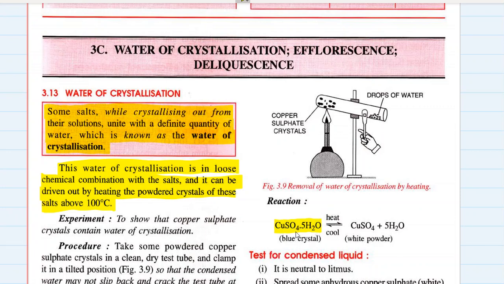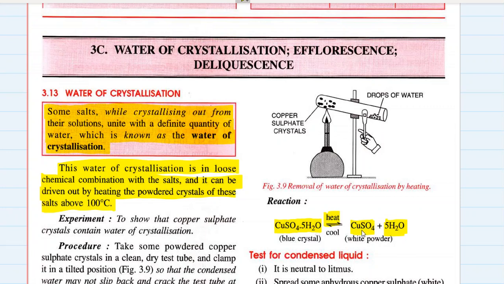If you heat this hydrated salt, meaning the salt which contains water of crystallization, the salt which is in crystalline form, it will give you anhydrous copper sulfate, which is a white colored powder, plus water of crystallization molecules which are driven out of this crystalline salt.